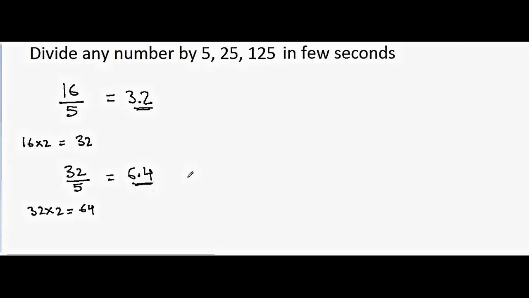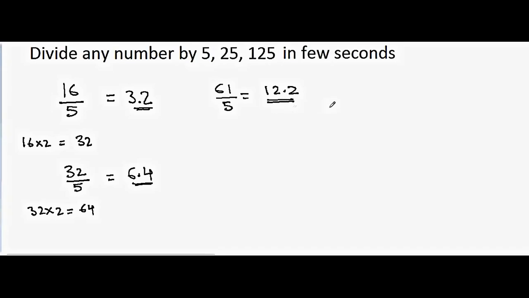My answer is 6.4. Again, if I have 61 and I want to divide by 5, the answer will be 122, one decimal, and that gives me 12.2. So that's pretty easy.